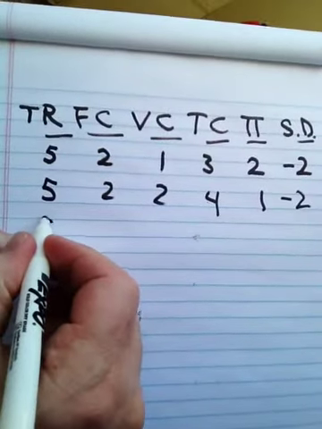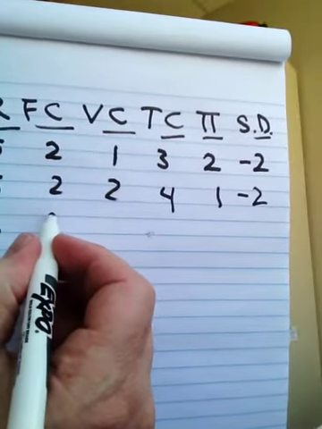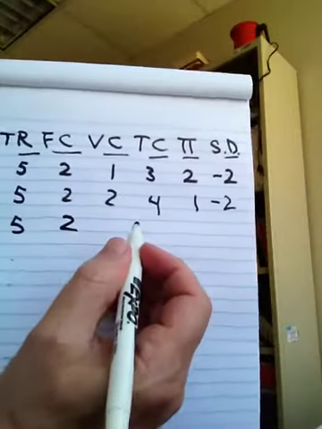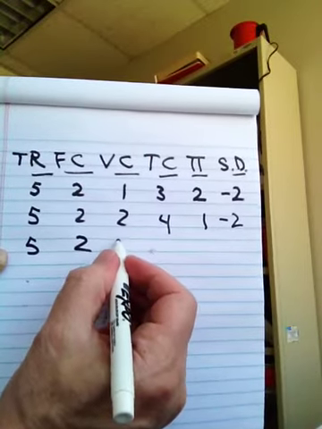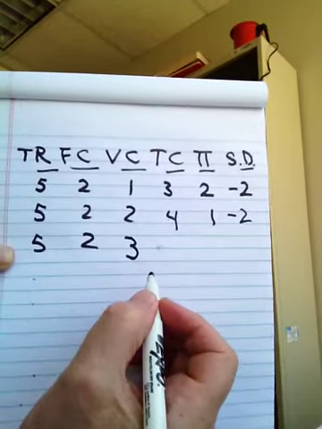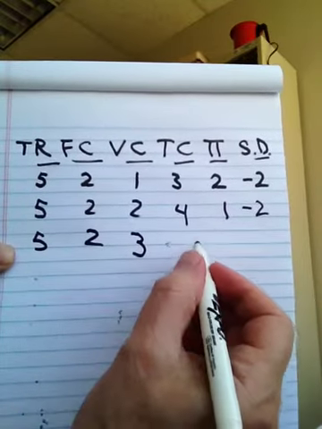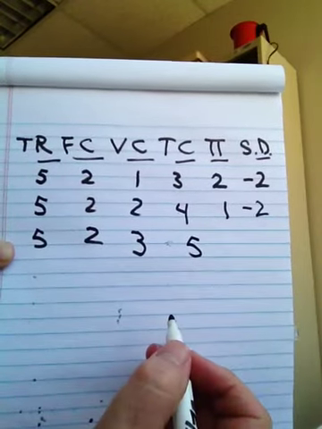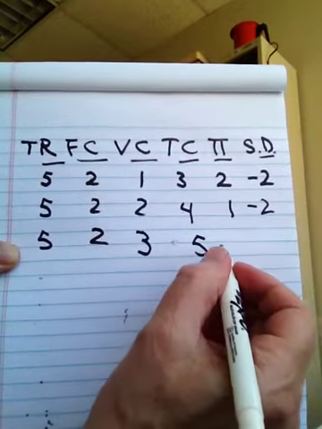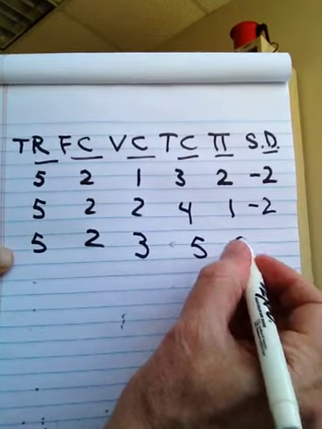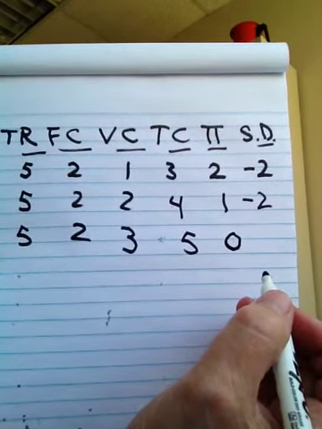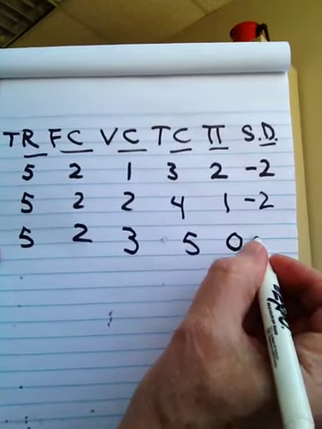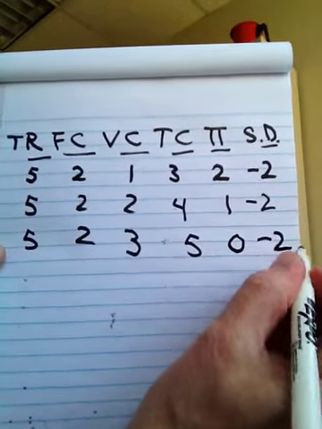Total revenue 5, fixed cost 2. Let's make variable cost now 3. Total cost will be 5. What will be the profits? 5 minus 5, 0. But what will happen if you shut down? Once again, you'll have those fixed costs to cover, -2.